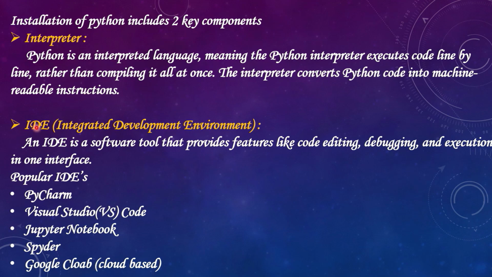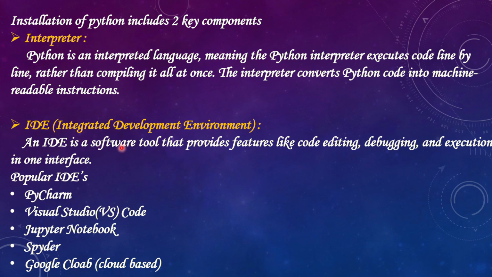And the second one is the IDE. This IDE stands for Integrated Development Environment. It is like a code editor, or I can say it's a place where you can write as well as execute the Python code.